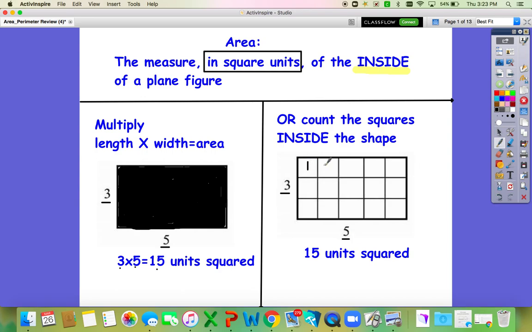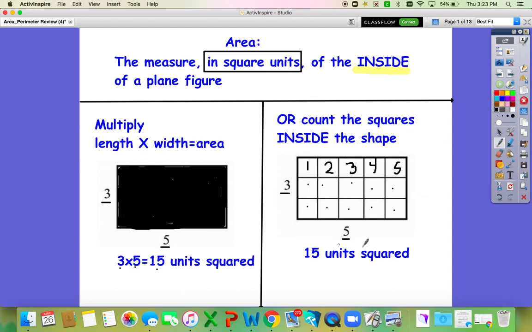I can count the blocks inside. 1, 2, 3, 4, 5, and if I keep going, 6, 7, 8, 9, 10, 11, 12, 13, 14, 15. I get the same answer, 15 units squared.